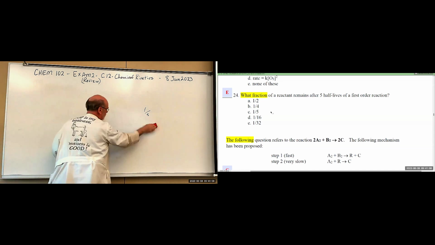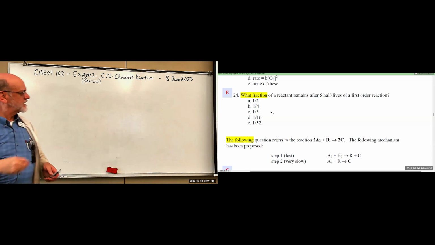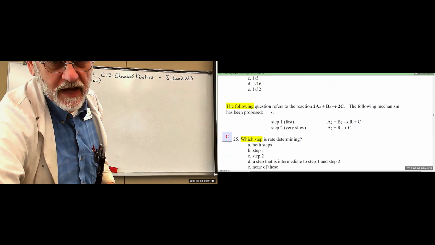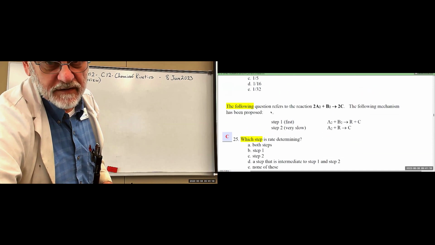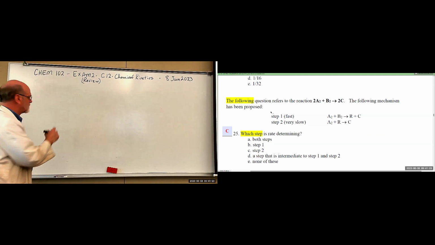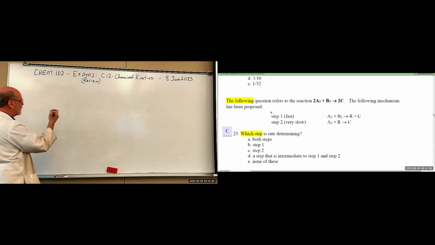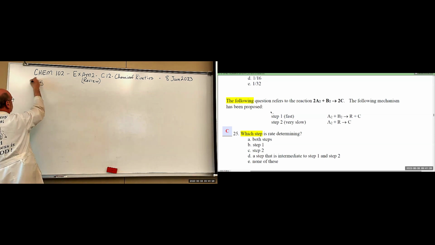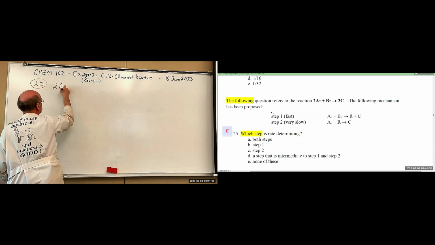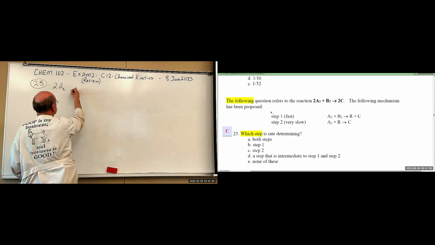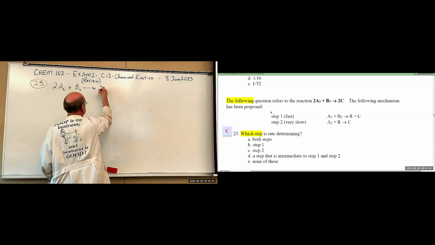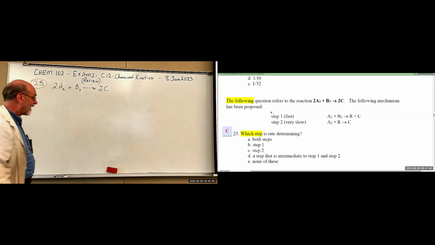Let's see. The following question refers to this reaction. Let's see, yeah, that's it. So let's just position that one. 2A2 plus B2 yields 2C. This is number 25. So we're referencing 2 diatomic A plus 1 diatomic B yields 2C. Okay.